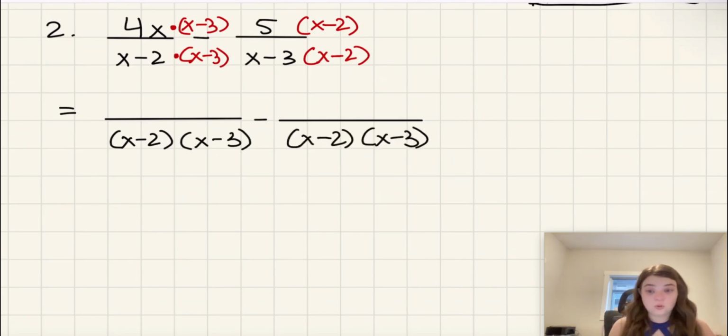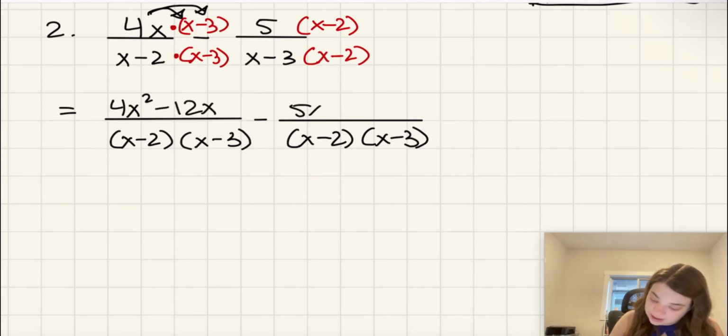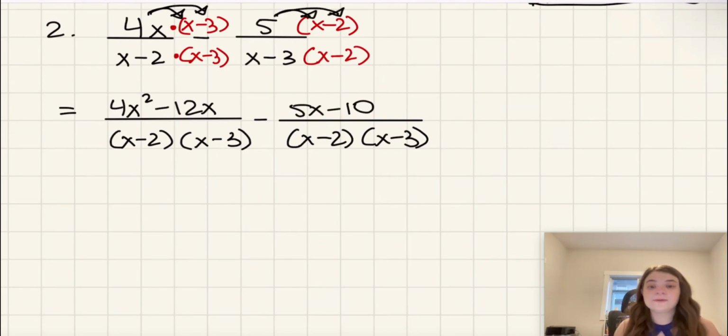Okay, and then we're going to distribute the 4x into x and into negative 3. So we're going to get 4x squared minus 12x. And then for this one, we're going to get 5x minus 10 when we distribute the 5 into both.